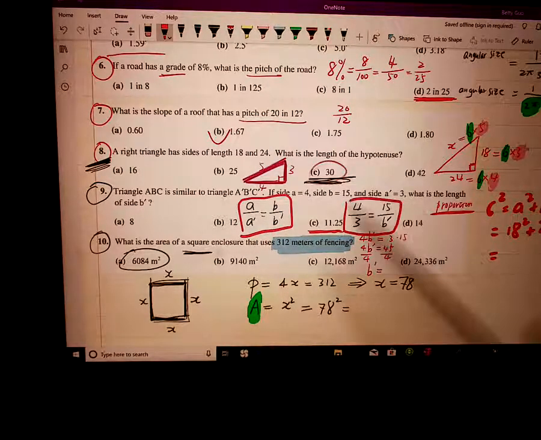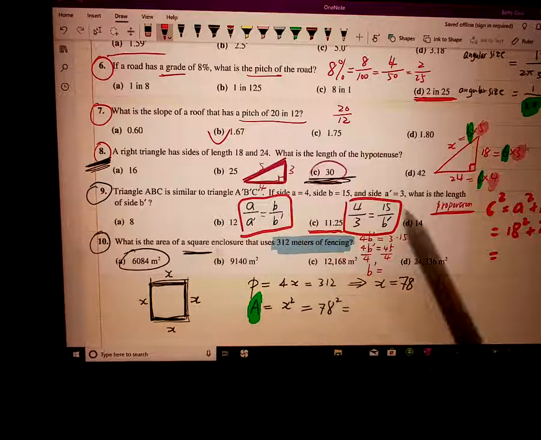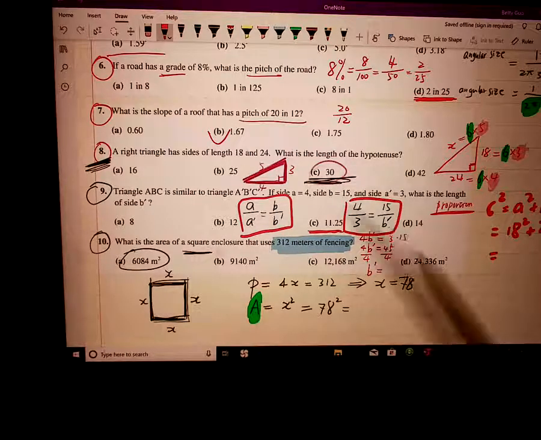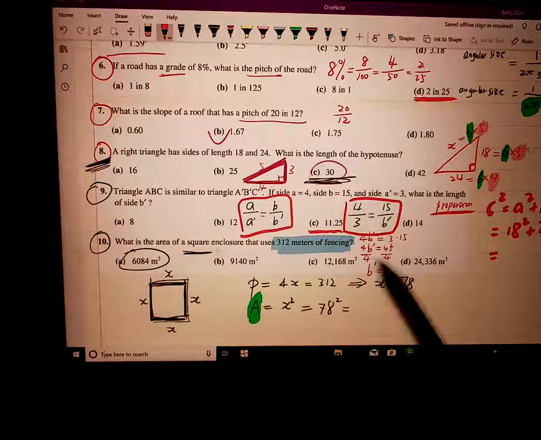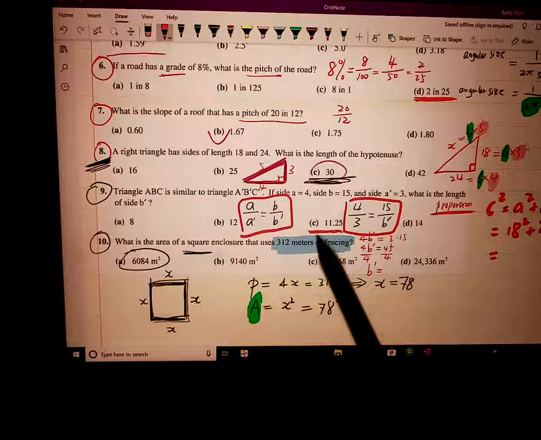You plug in the value for A prime, which is 3. You plug in the value for B, which is 15. You are looking for the value for B prime. You cross multiply. You have 4 B prime equals 3 times 15. That is 45. So B prime is 45 over 4. B prime is 45 over 4, which is C.